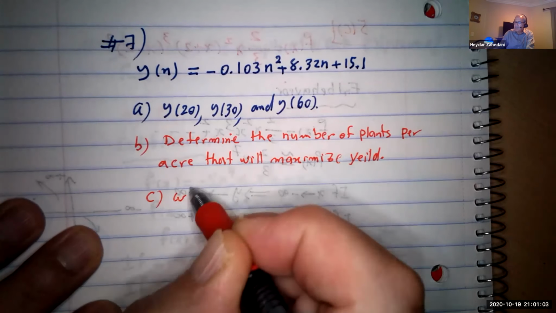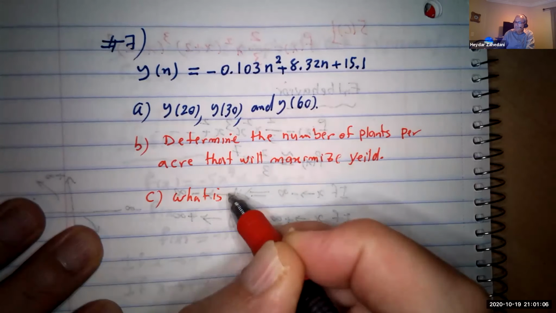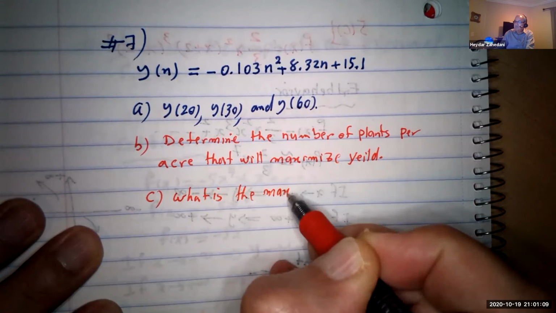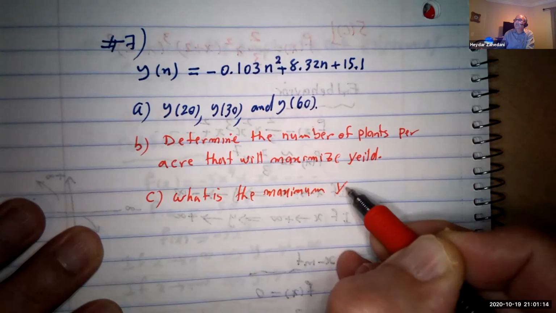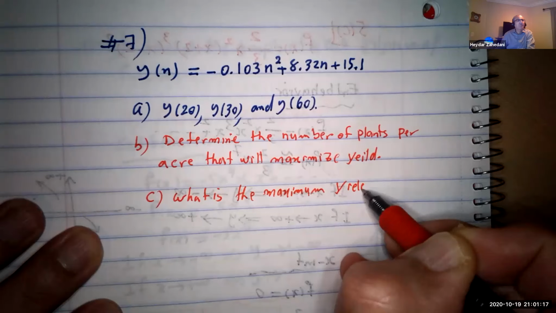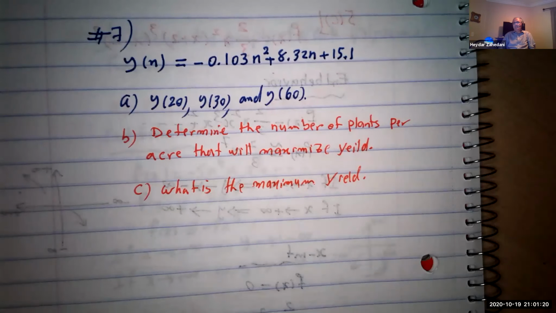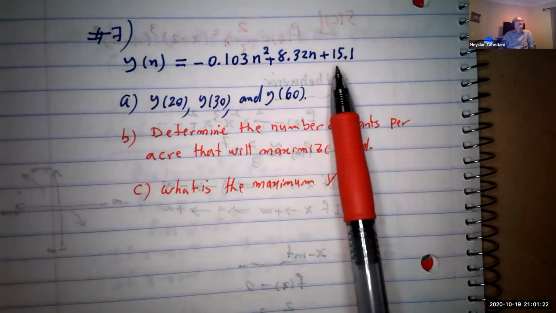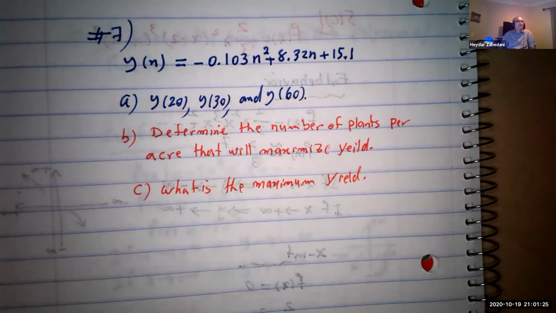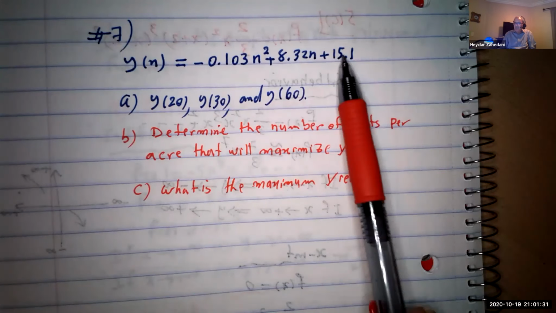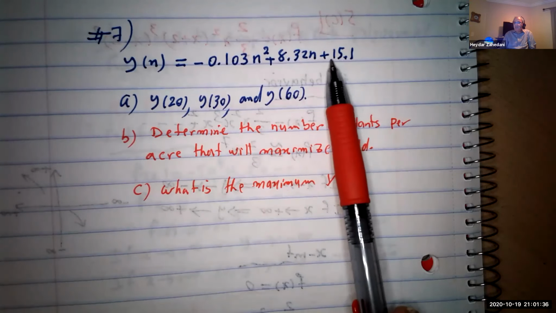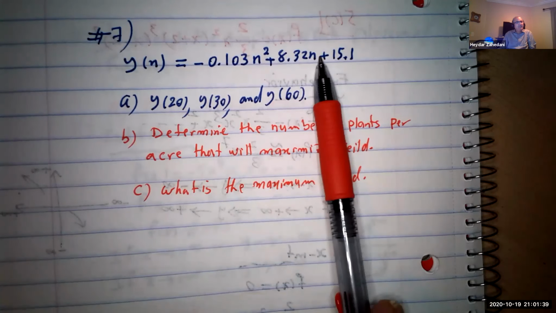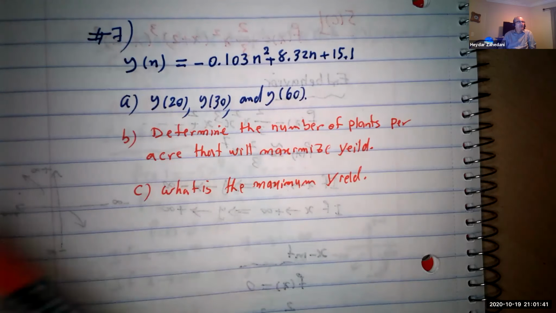So what is the maximum value, or in this case, what's going to be the maximum yield? Basically, this is a quadratic function. Whatever it is, most of the models in applications are quadratic. We would like you to identify for what value of n this function is a maximum, and what is the maximum value.